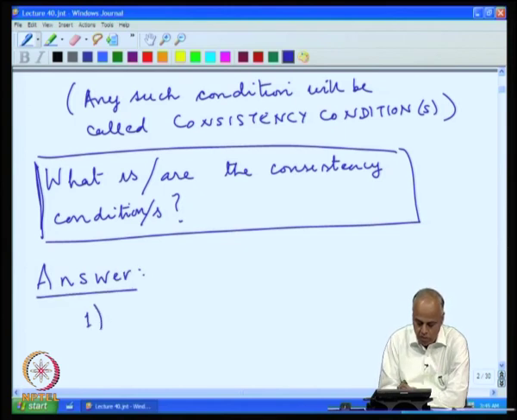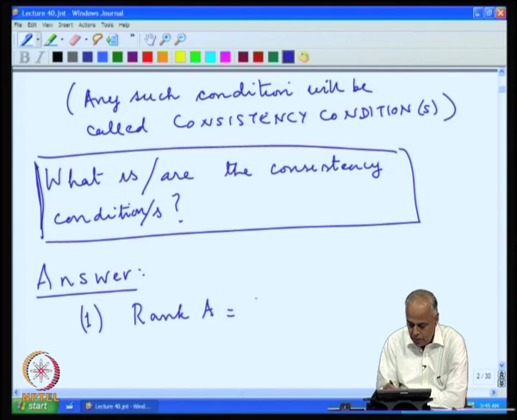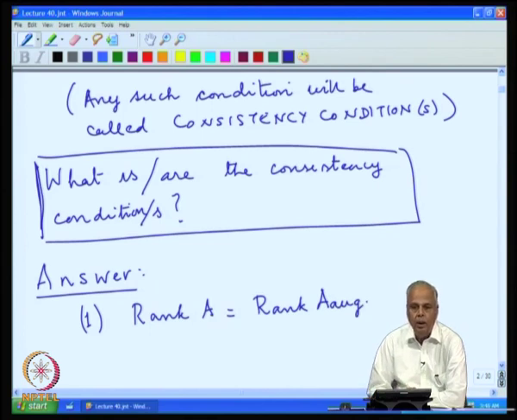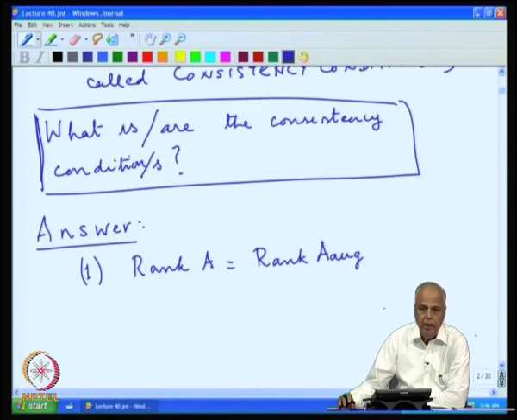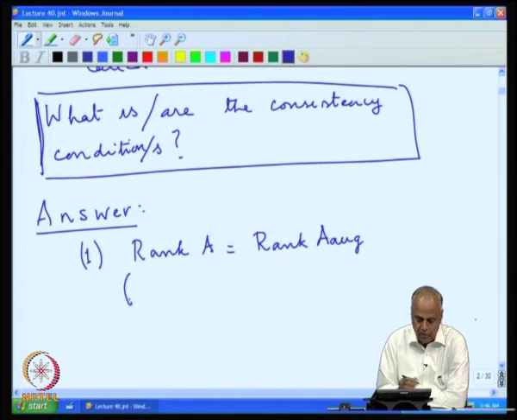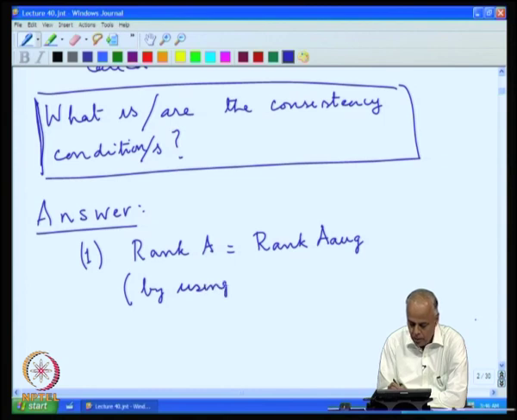The first form was that the rank of the matrix A must be equal to the rank of the augmented matrix. Recall that the augmented matrix is the matrix obtained from A by appending as a last column the vector B. We got these conditions when using elementary row operations.